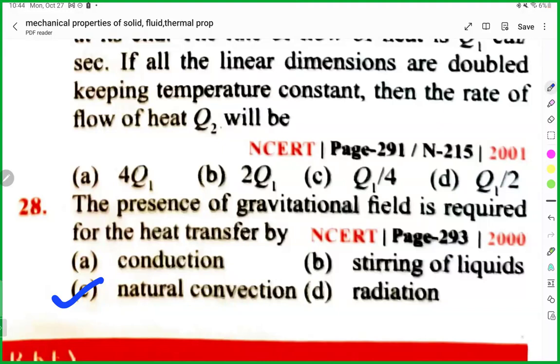So the up-down movement due to gravity is natural convection, because convection means flow naturally.